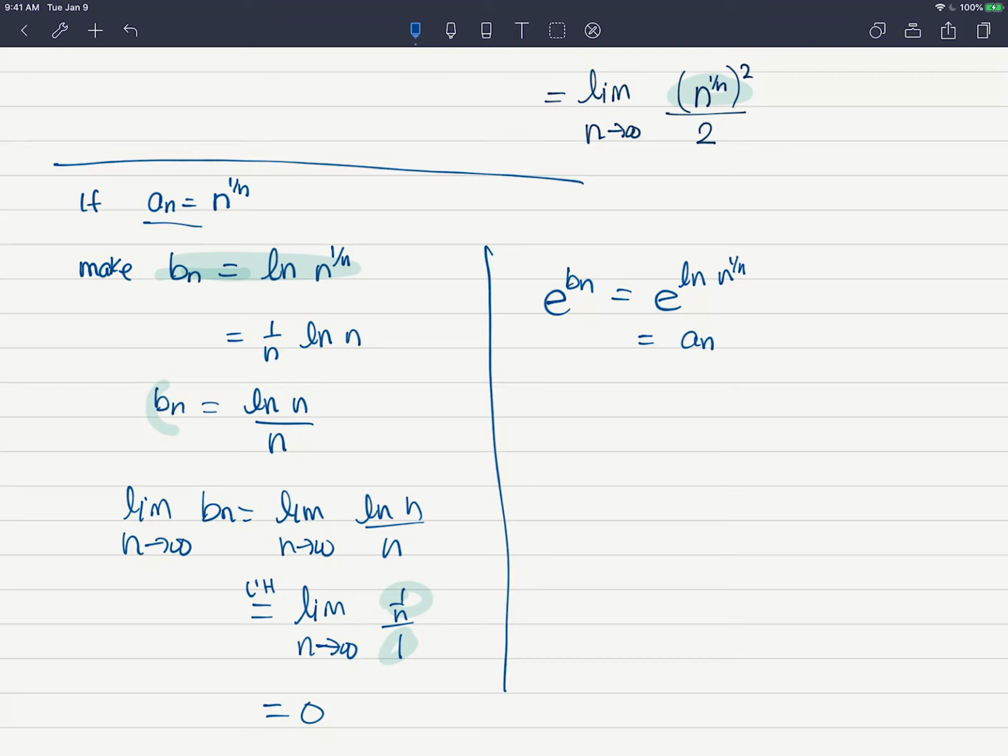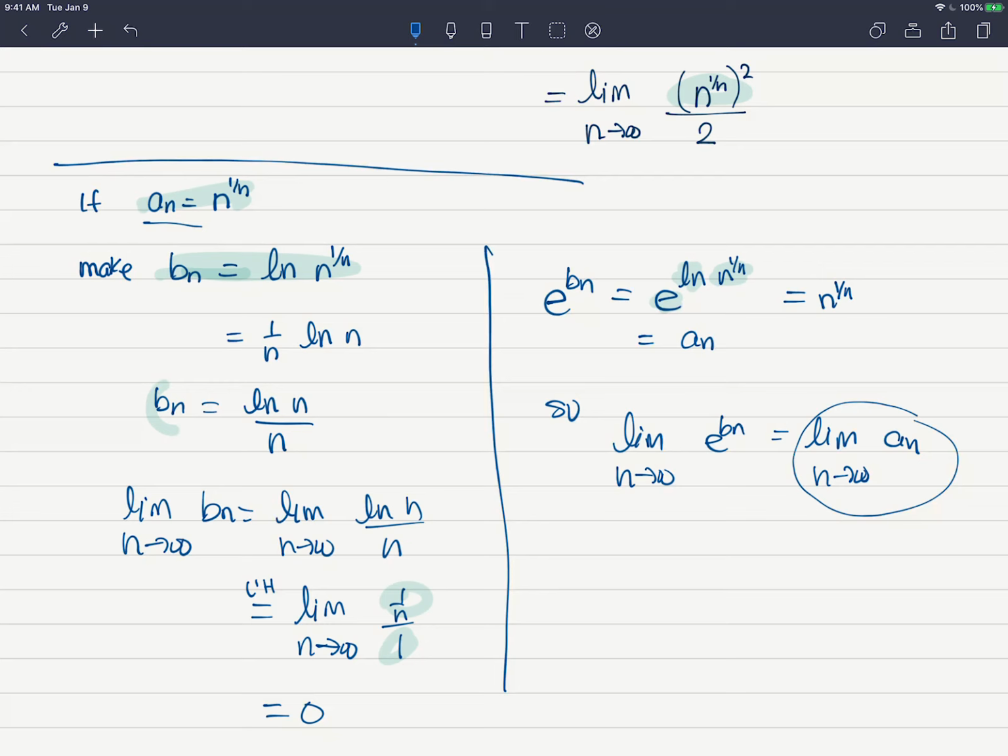Because here, e to the natural log of this would just cancel and give us n to the 1 over n, which is exactly what a_n was, right? Okay, so I have that e to the b_n. I can take this limit the same as taking this limit. This is the one I'm looking for.